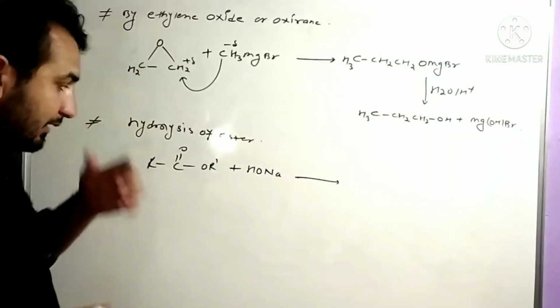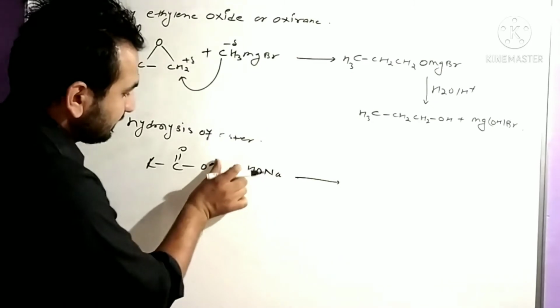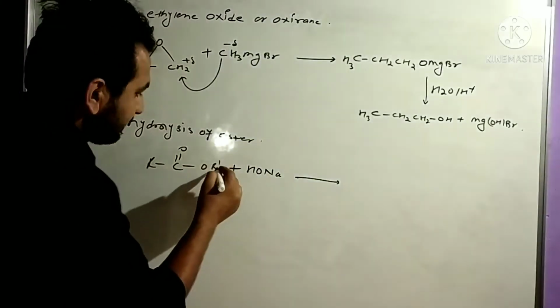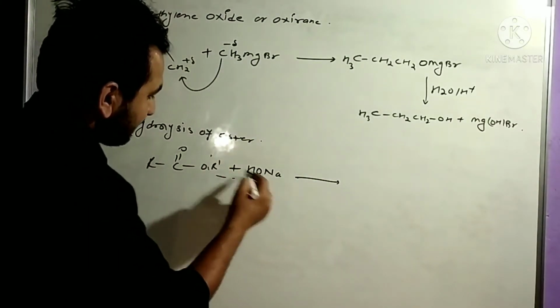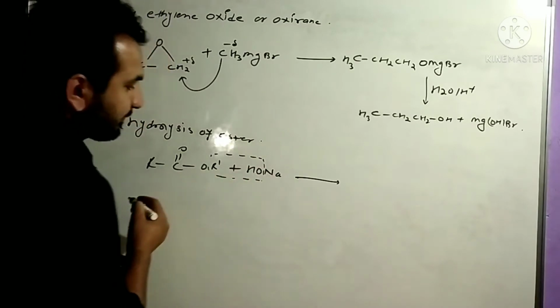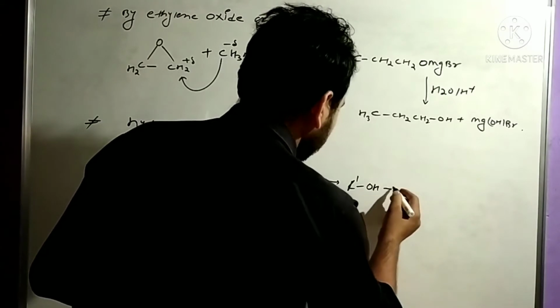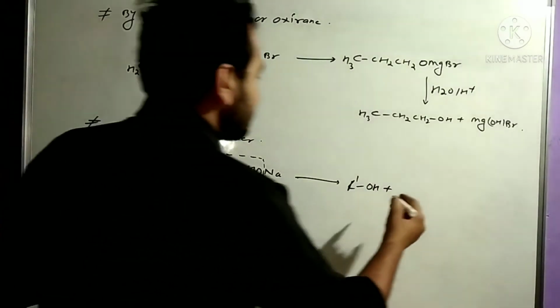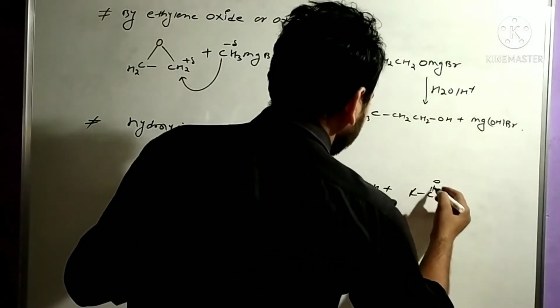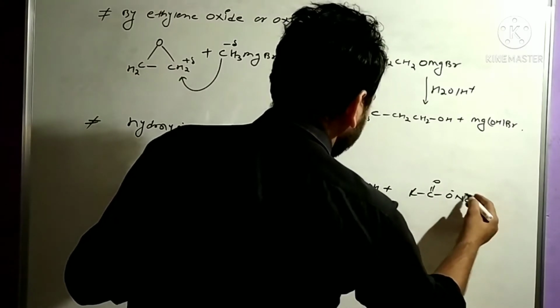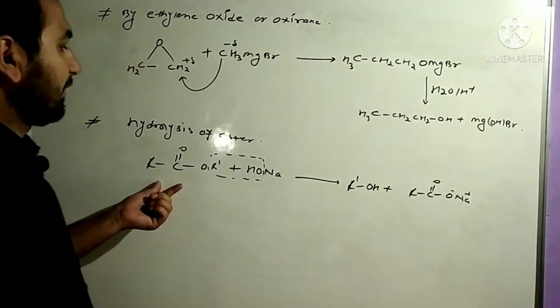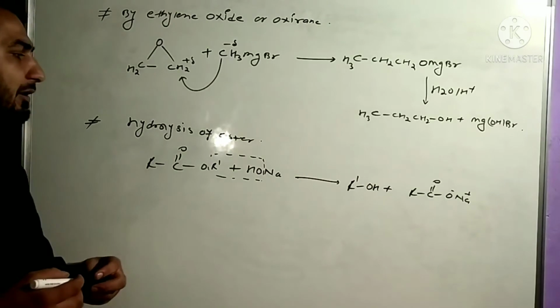These two will combine in this manner, they will be removed from here, forming R'OH plus R, C double bond O, O negative Na plus. Clear? So this is your hydrolysis of ester.